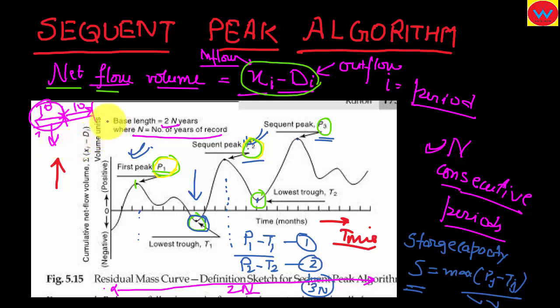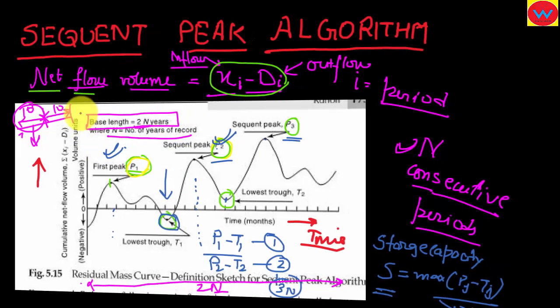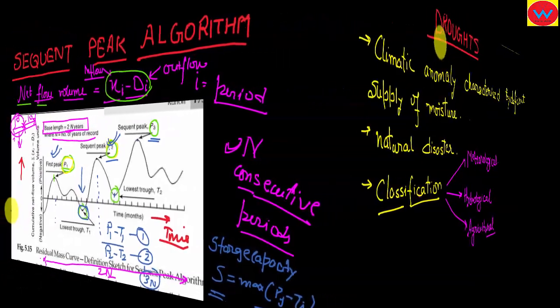But this assumption is not correct. So what we do is repeat the cycle for n additional years to arrive at our desired minimum storage requirement. That is why our base length is 2n years in the sequent peak algorithm method of calculating reservoir storage.